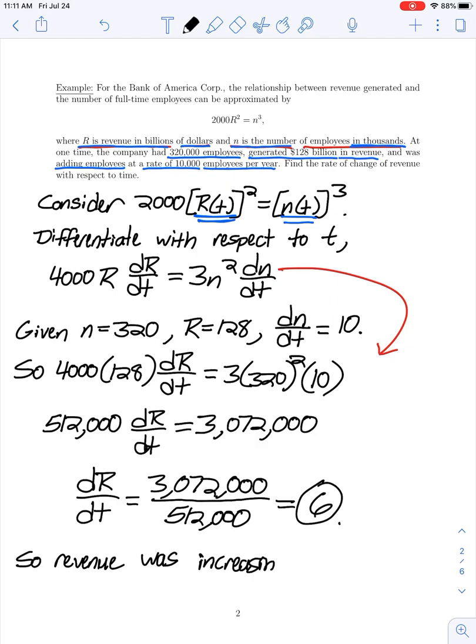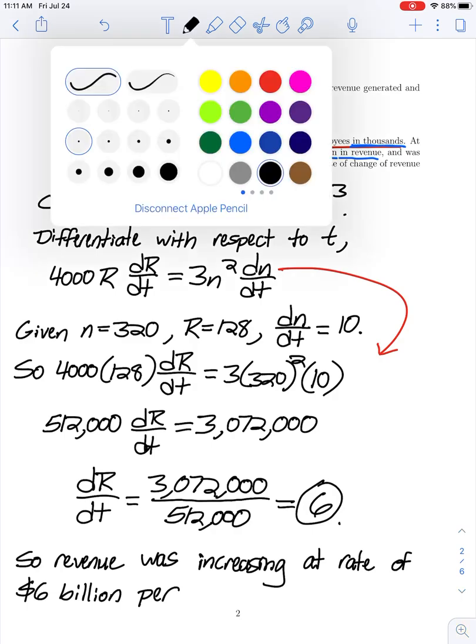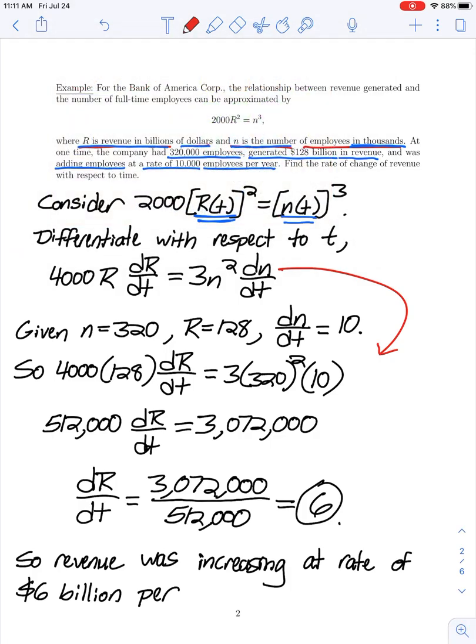We say increasing since our derivative was positive, at a rate of 6, but here we were measuring R in billions of dollars, so $6 billion per unit of time. And we were told in the problem, looking back at it, we were measuring rates of change in units of time per year. So this would be per year as well.